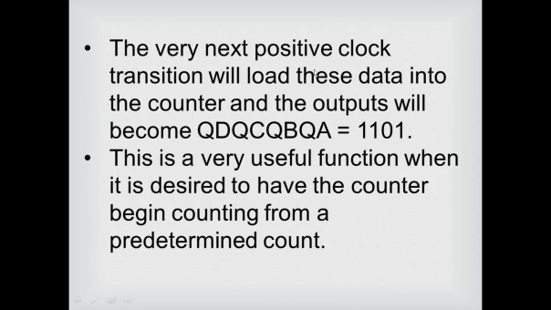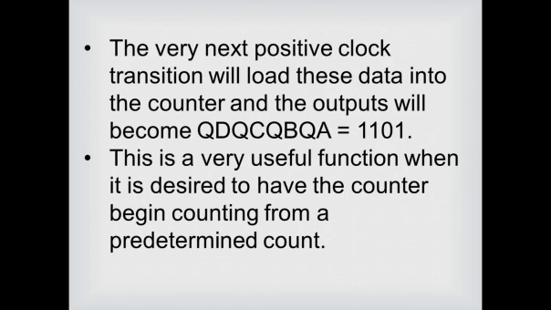The very next positive clock transition will load this data into the counter and the outputs QD, QC, QB and QA will become 1101. 1101 means count 13. The decimal equivalent of this is 13.